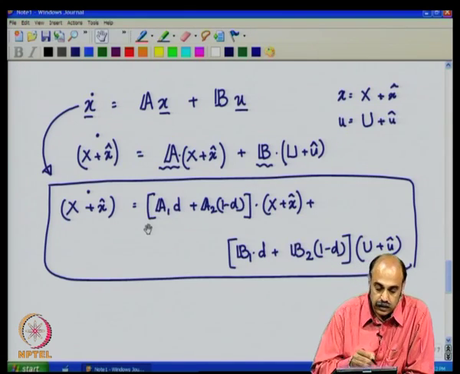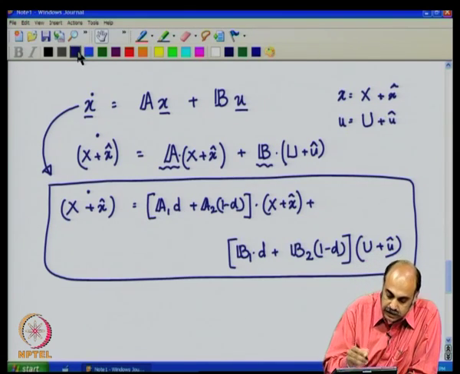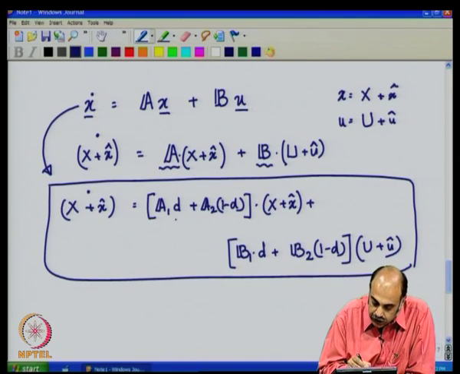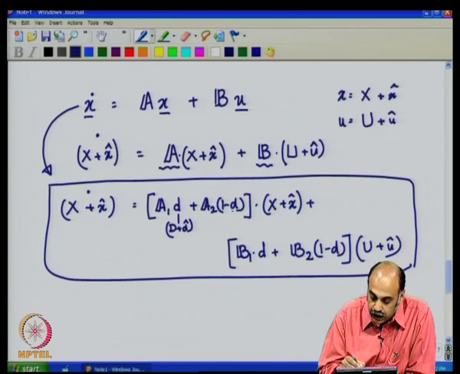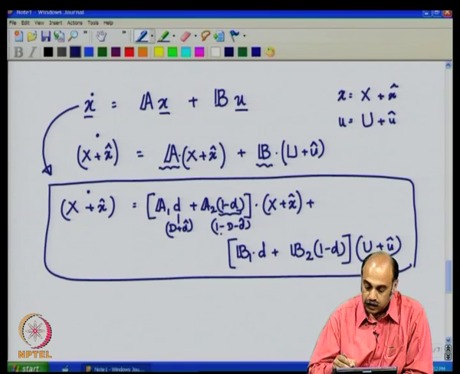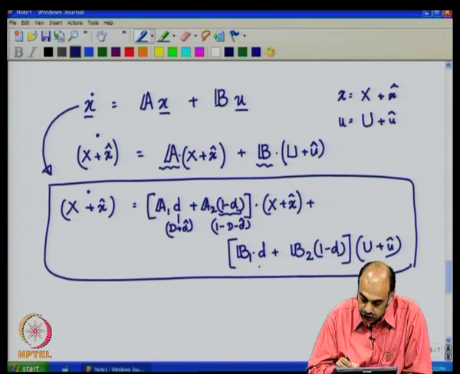Now, this d you should further expand as d plus d hat, and this would become 1 minus d hat. Likewise, here you have d plus d hat, and this would become 1 minus d hat.